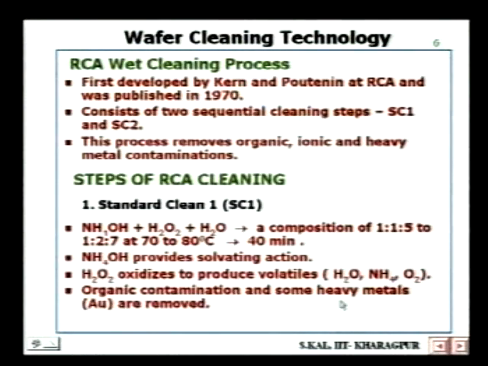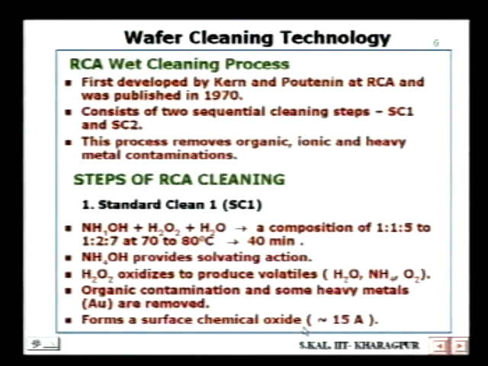Organic contamination and some heavy metals, for example gold, are removed in this particular RCA cleaning step. During the cleaning procedure, it forms a surface chemical oxide, which is sometimes known as native oxide, and that oxide is of the order of 15 angstrom.